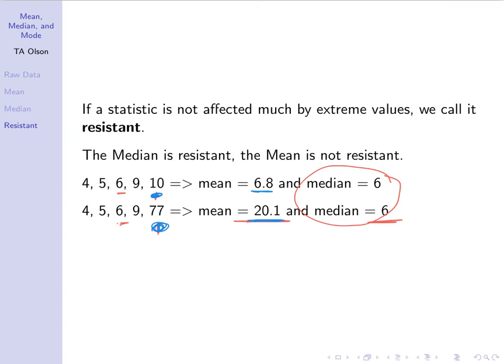So our mean gets pulled way far away. So the mean is not resistant. It does get strongly affected by extreme data points.